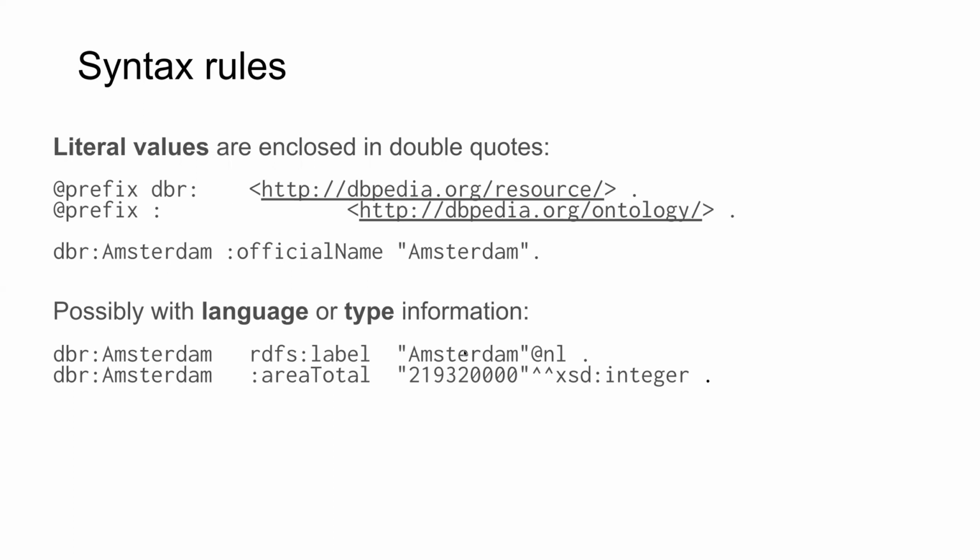So if, for example, you are giving a label Amsterdam and you're saying this has to be read as the Dutch language, you use the @ symbol, with EN for English or DE for German, and so on and so forth. You can also express the type of a number. It can be an integer, a float, a double, and so on and so forth.